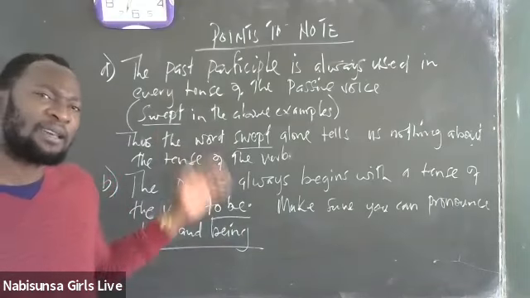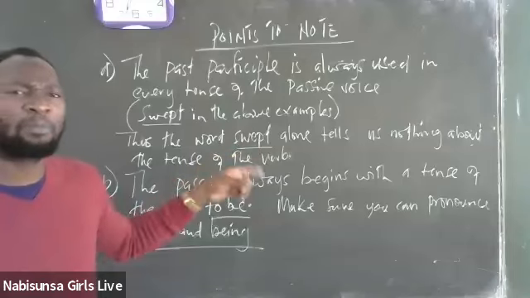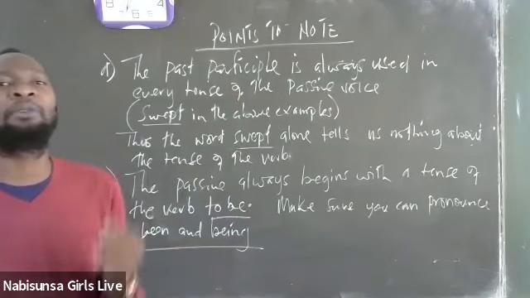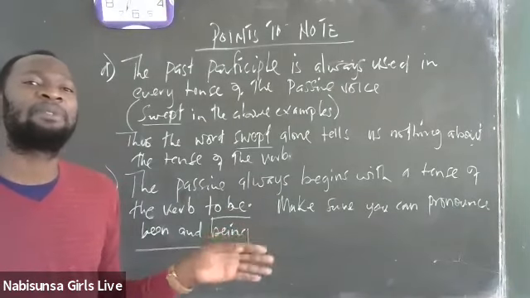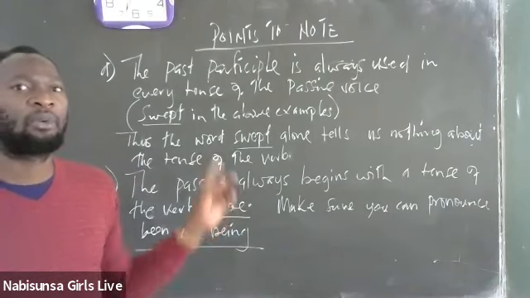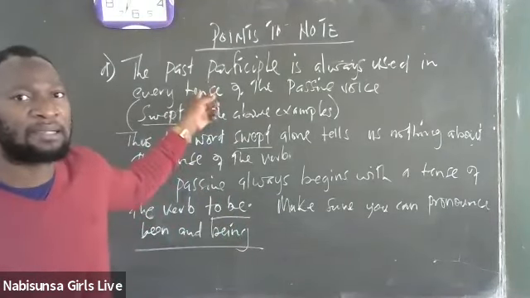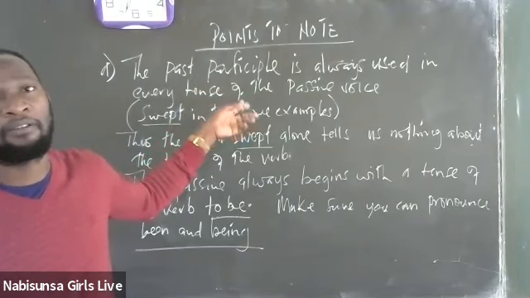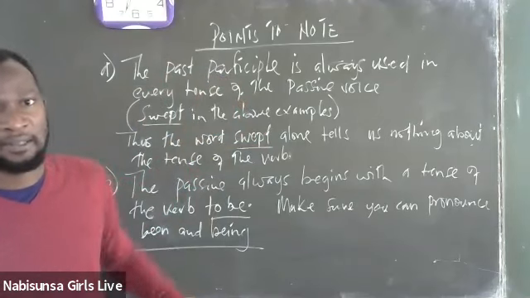You see, in every sentence of the passive voice, the word swept is not alone. It has been modified a bit. And there are so many verbs that we shall always need. So the rule is that in the passive voice, we use the past participle form of the verb in every tense of the passive voice.